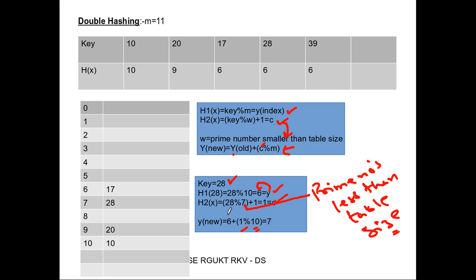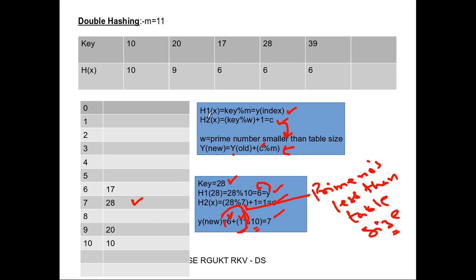The old index has caused the collision, so we calculate the new index value, and if the total is greater than the hash table size, then we apply the mod operator. That's it. The new index obtained is 7, and element 28 gets stored for us.